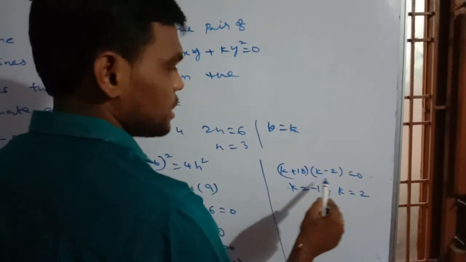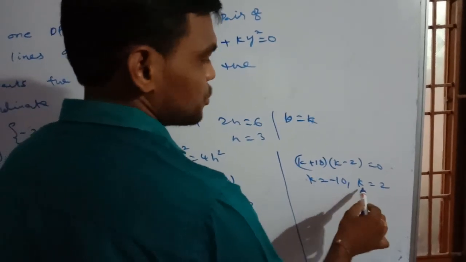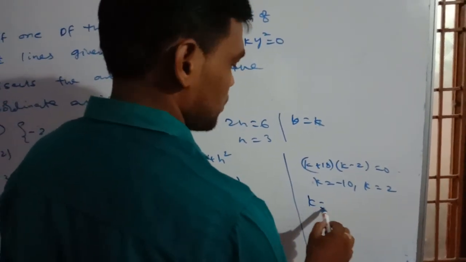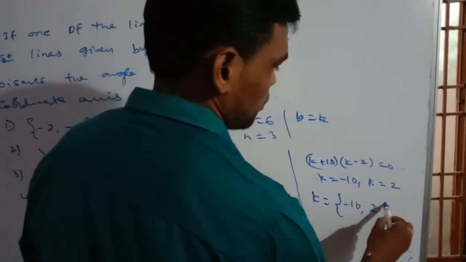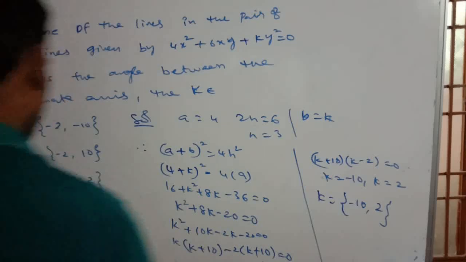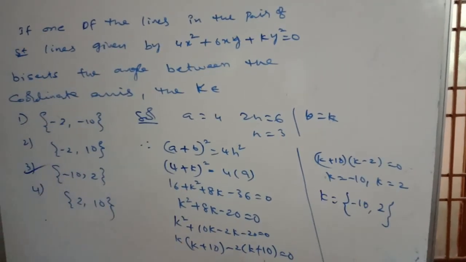This is k plus 10 into k minus 2 is equal to 0 and this is k is equal to minus 10 and k is equal to 2. Now the set of values is minus 10 comma 2. Now see the options. Third option, minus 10 comma 2.